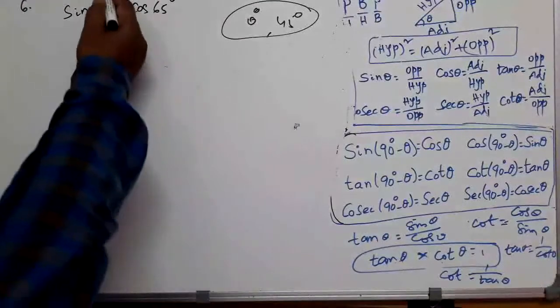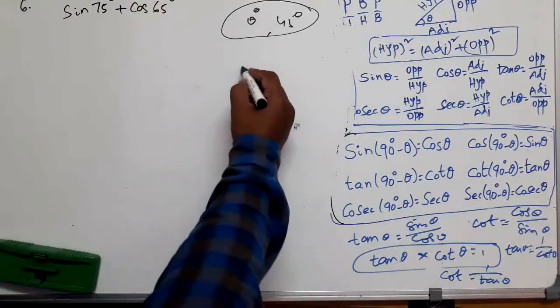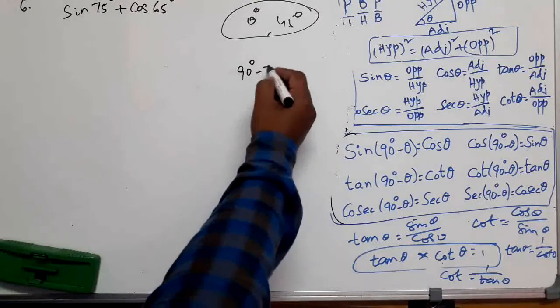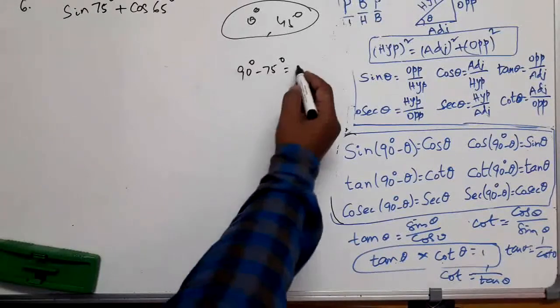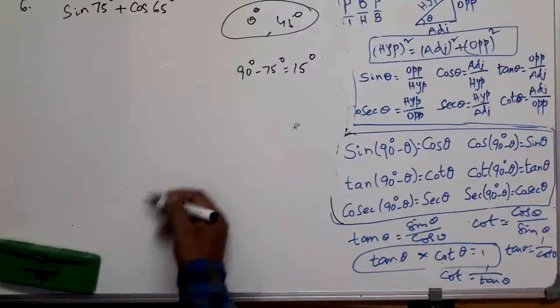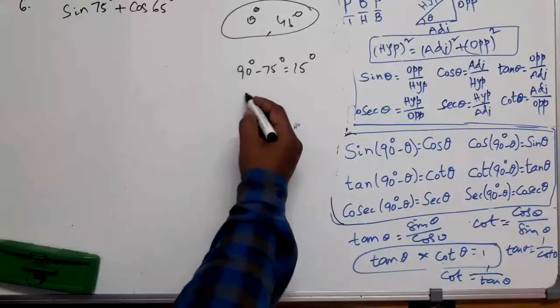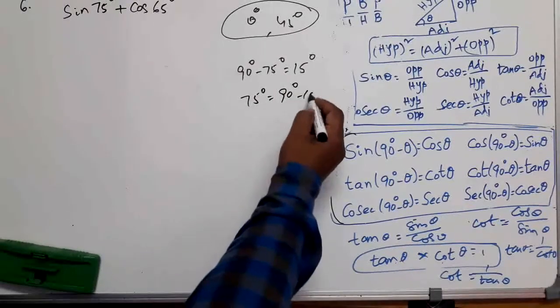For that, 75 degrees I don't want. So 75 degrees, I am thinking, how can I convert? If I subtract 75 degrees from 90 degrees, I will get 15 degrees, right? So 75 degrees can be written as 90 degrees minus 15 degrees.